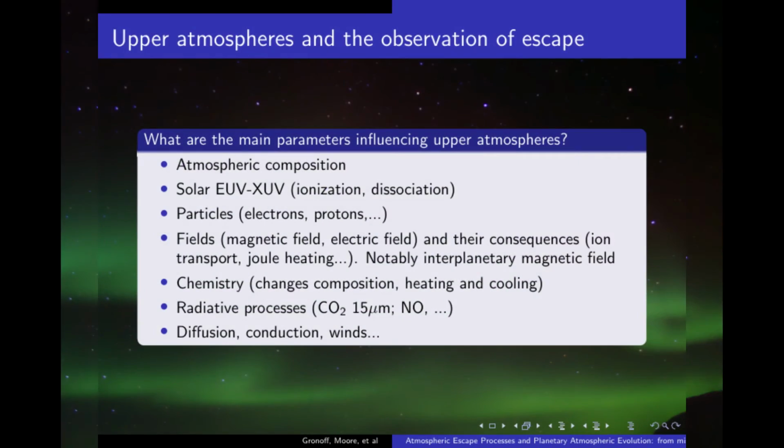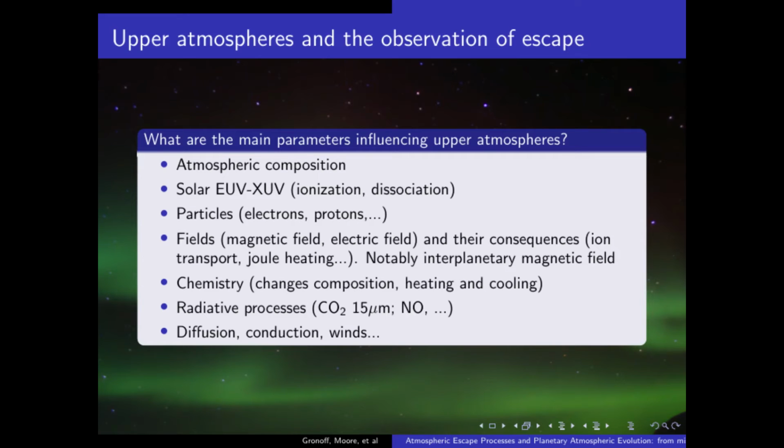One of the very interesting things is that we also have the notion of the exobase, where the scale height is equal to the mean free path of the molecule. That means that it's basically unlikely for a molecule of the upper atmosphere to encounter a collision when it tries to escape.